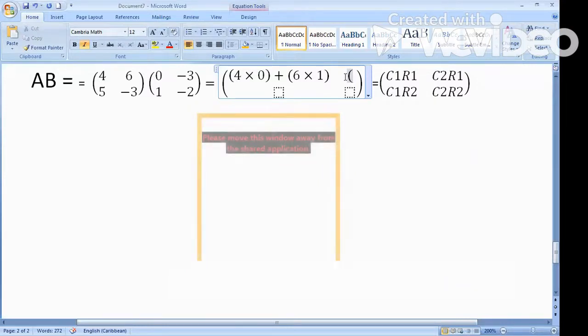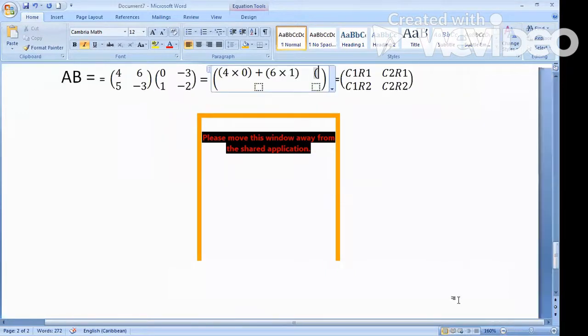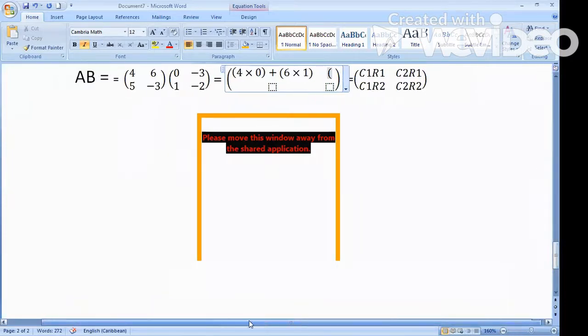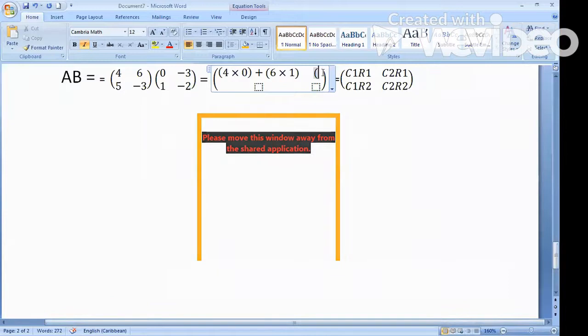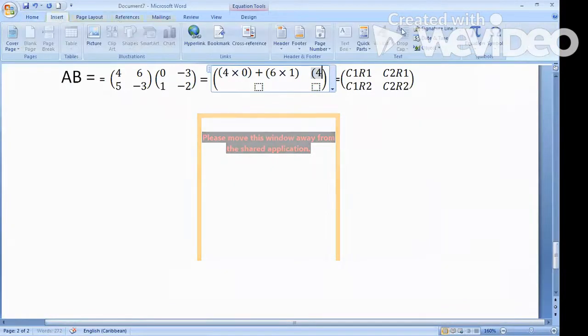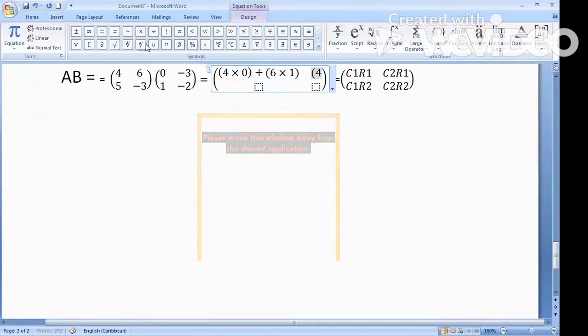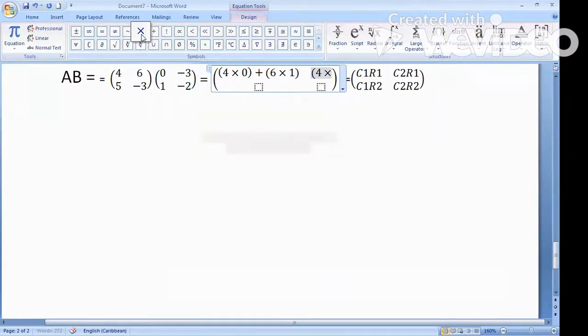We're trying to find column 2, row 1. We're trying to work on that element. Would it be 4 times 1?